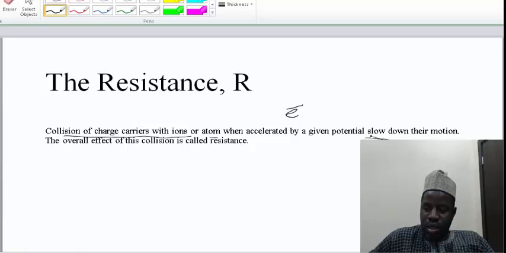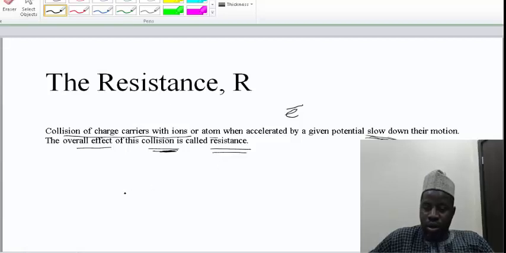The overall effect of the collisions presents some sort of resistance to the flow of the charge carriers through the conductor. This overall effect is what is called resistance.